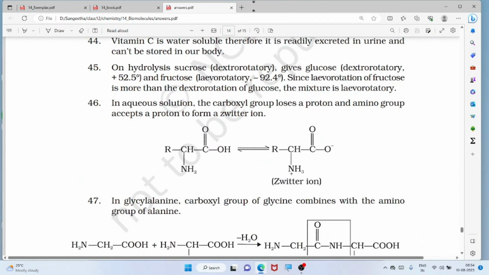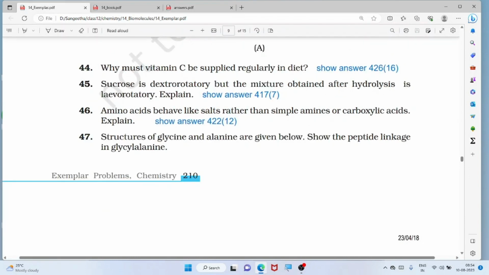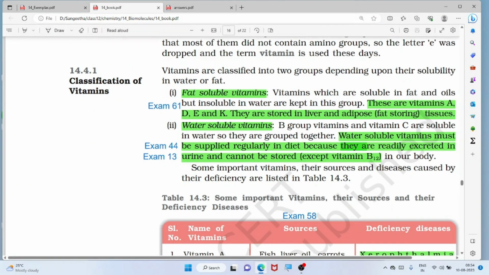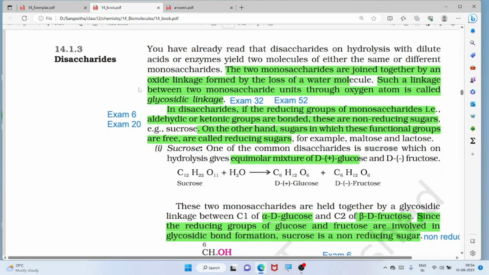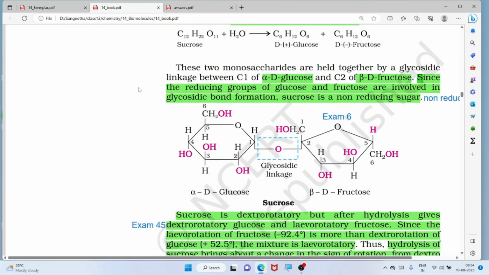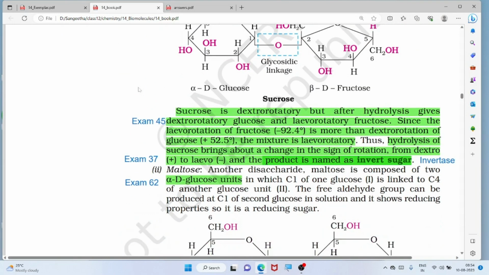On hydrolysis, sucrose gives glucose and fructose. Here it is given, you can go through it. So it hydrolyzes to glucose and fructose.